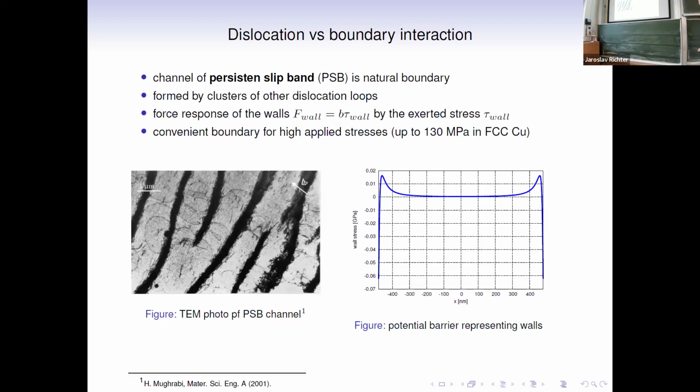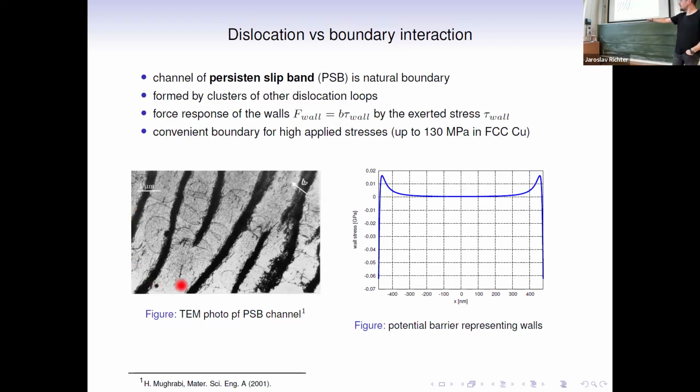Okay, so that was the Frank-Read source and line tension, and now I'm going to speak very briefly about the third effect: dislocation versus boundary interaction. Don't misunderstand, because by boundary interaction I don't mean boundary conditions; in the physical context, it means something different.